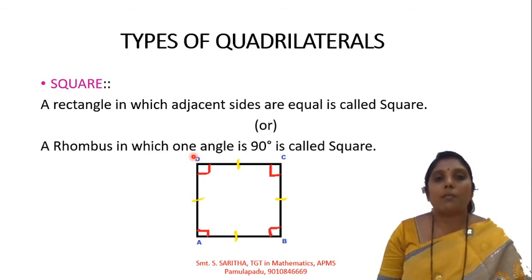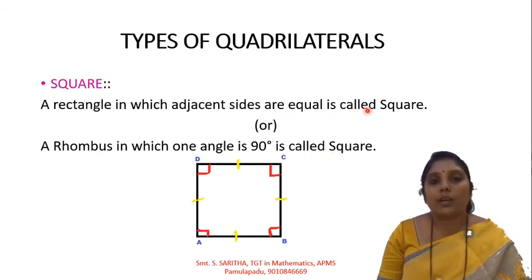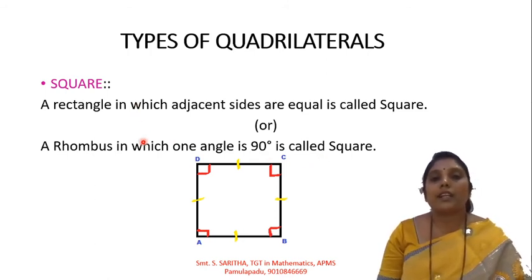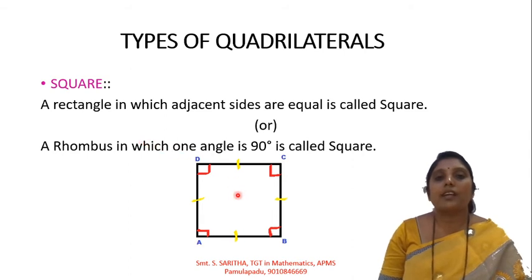If the angle in a rhombus is 90 degrees, then that type of rhombus is called a square. So, a rectangle in which adjacent sides are equal and a rhombus in which one of the angles is 90 degrees is called a square. Since a square is formed from a rectangle and a rhombus, all the properties of rectangles and rhombus are satisfied for the square also.